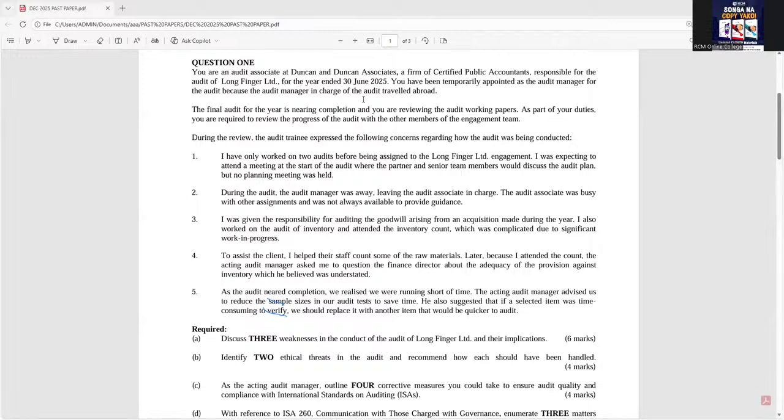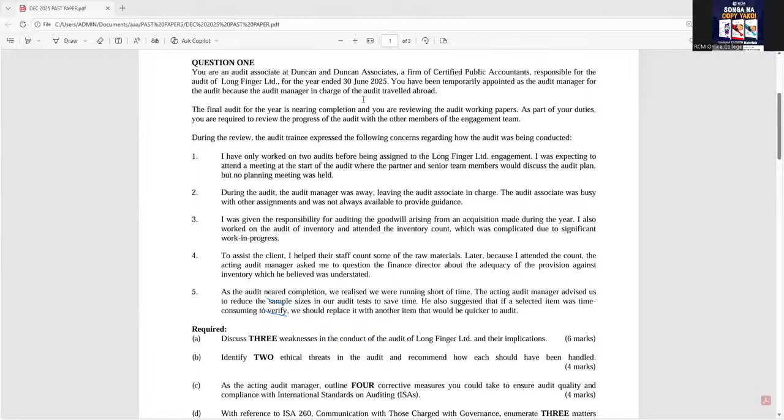So when you come back to review, you won't raise questions about it so much, because you'll be reviewing the same work you actually did. It's like doing an exam, then marking it yourself. It cannot happen. You'll just be reviewing the same work you were part and parcel of. So that will create a threat to your independence and objectivity in conducting the audit.